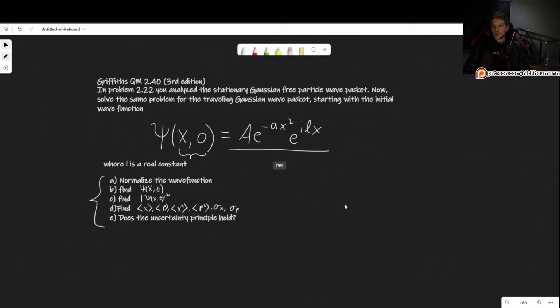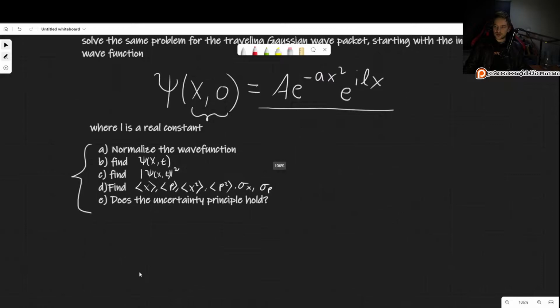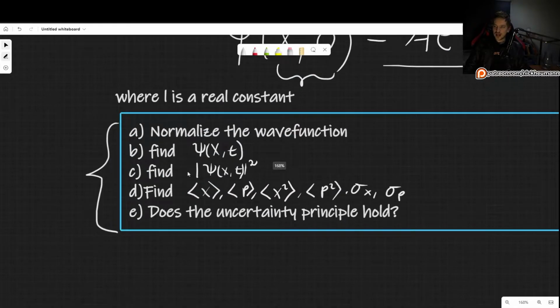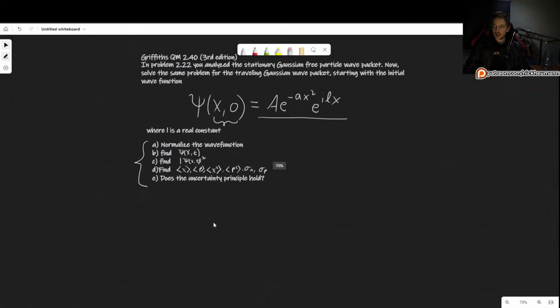And with that, we can check if the uncertainty principle holds or not. Okay, so what is the procedure? Because this will be a long and very tedious problem, so we need to take a breather and map out what we want to do. So first, of course, we will normalize. But once we have the normalized wave function, how do we find the wave function itself?